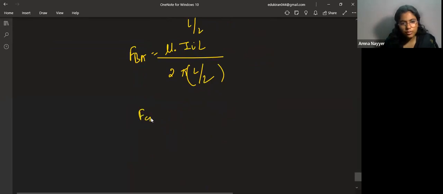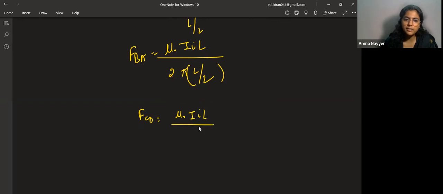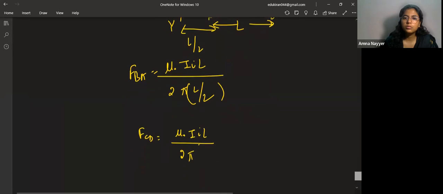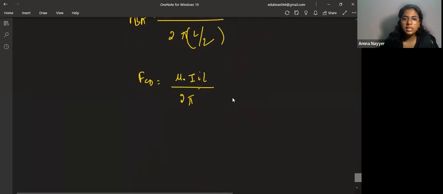Similarly, force on CD is mu naught I L divided by 2 pi times the separation, which is L by 2 plus L, so the entire separation is 3L by 2.